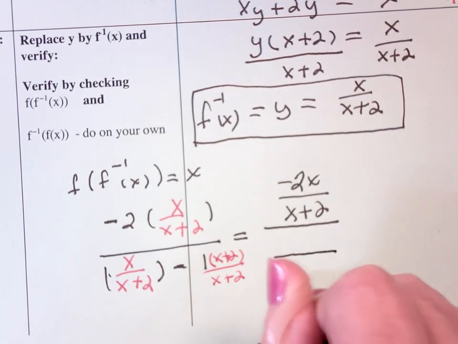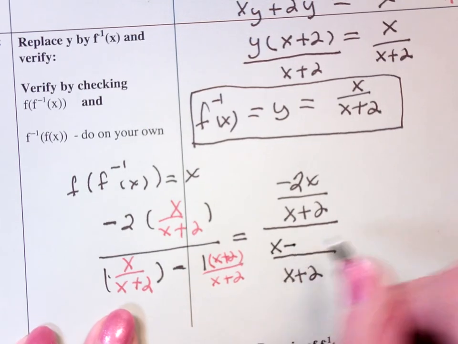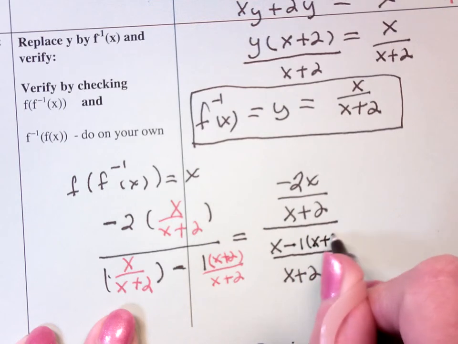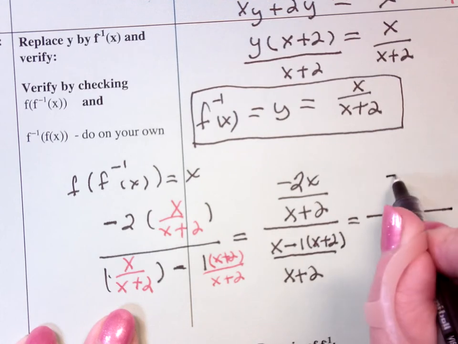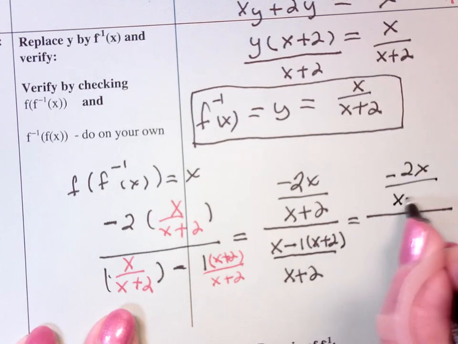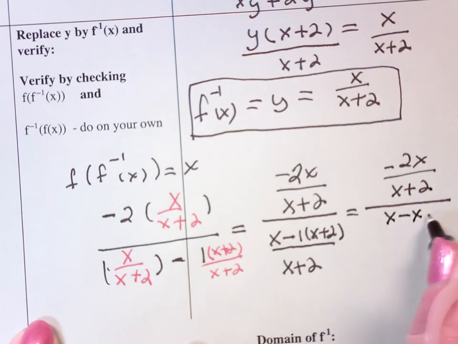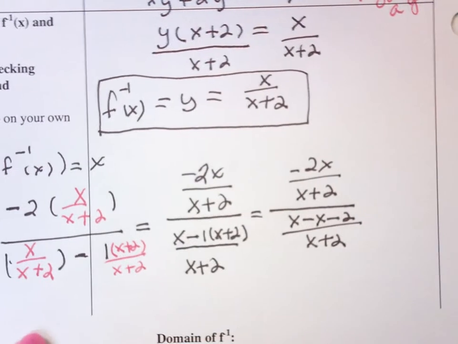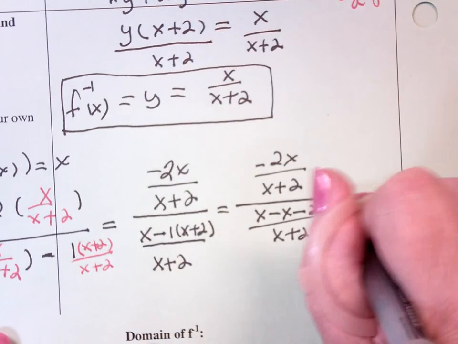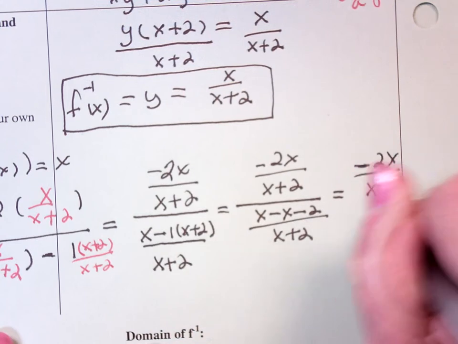So over x plus 2, I'm going to have x minus 1 times x plus 2, which is minus 2x over x plus 2. Then I'll have an x minus x minus 2 over x plus 2. Which is minus 2x over x plus 2.